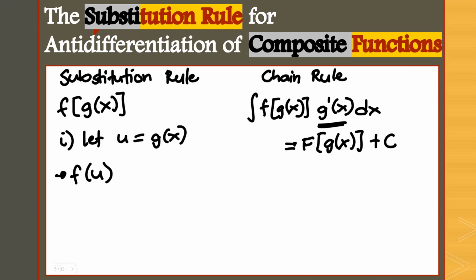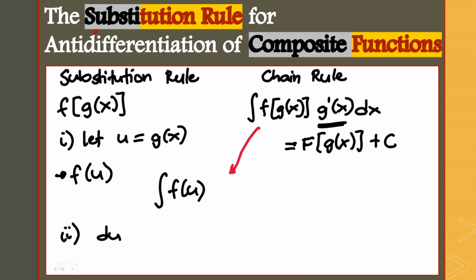With that in mind, the integral of f of g of x would then be equivalent to the integral of f of u, whatever that function would be. Take note that we still need to find g prime of x for our chain rule, but using this substitution rule, we can now solve for the derivative of u.